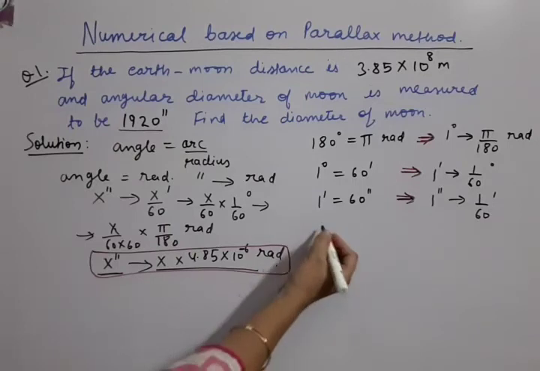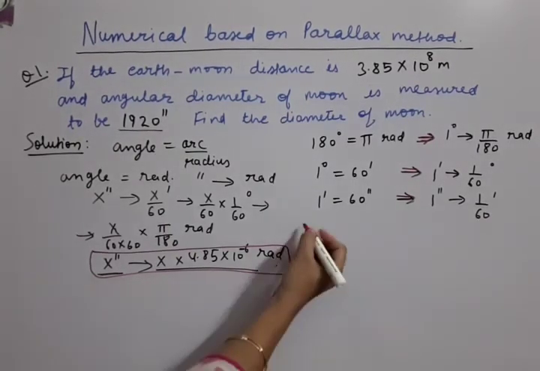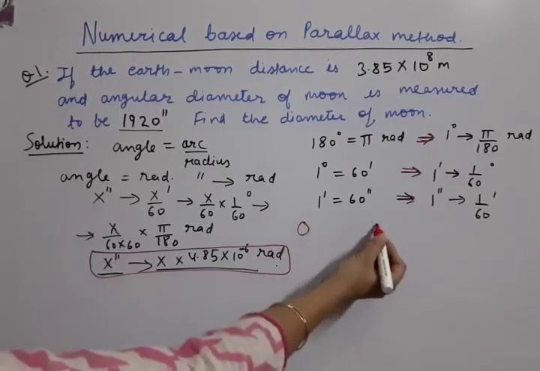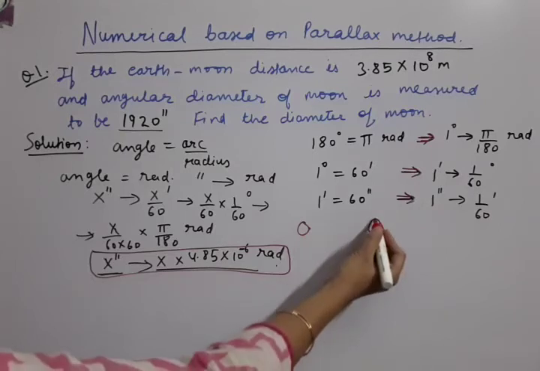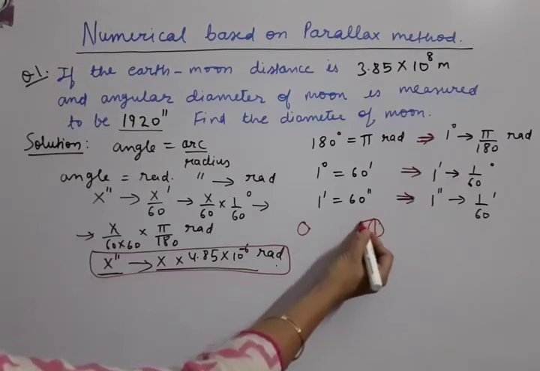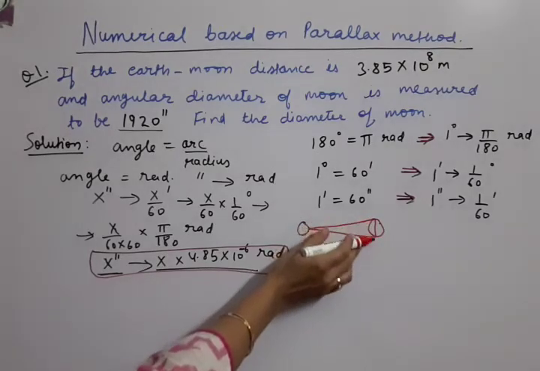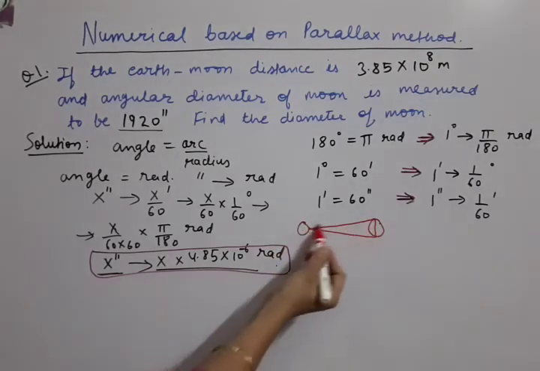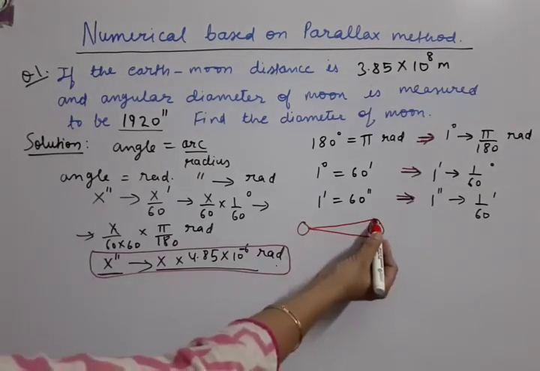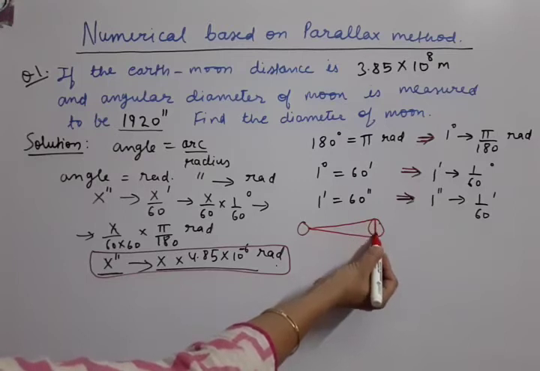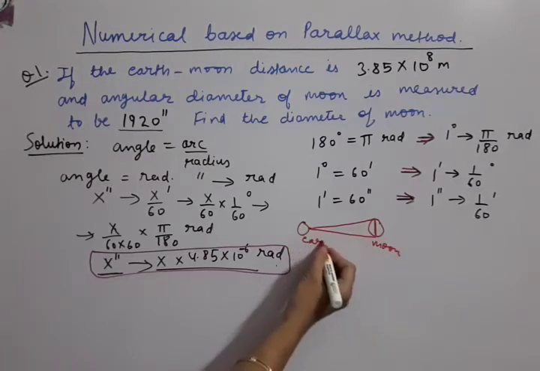In this question, we have the Earth Moon system. So suppose this is Earth and this is Moon. Now from Earth, the moon's diameter is this, and we are connecting it to a single location on the Earth. So this is the moon and this is Earth.